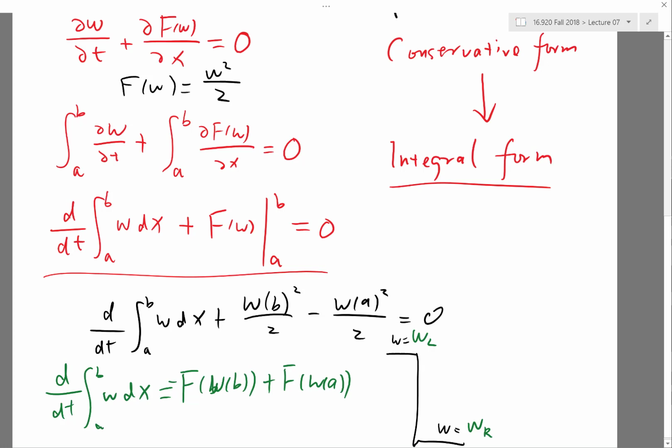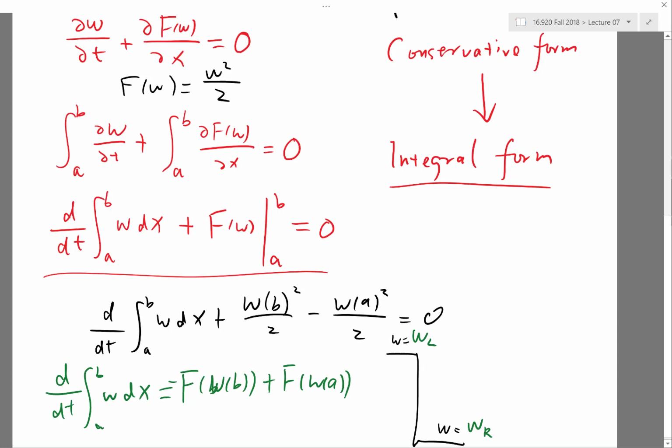And if mass is conserved, then what is the derivative of mass over a fixed spatial domain?